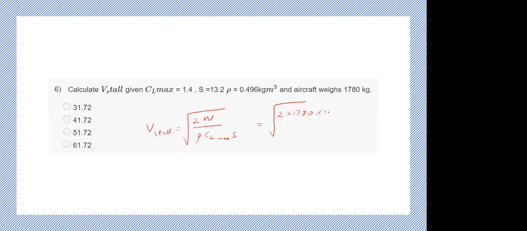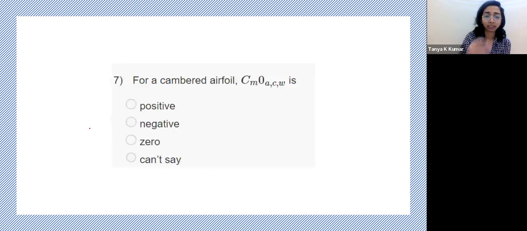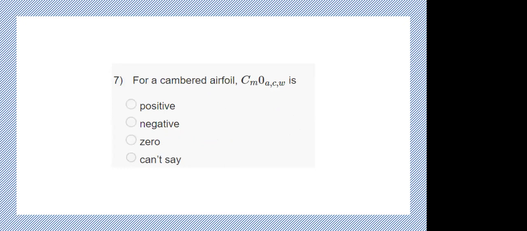Just write this down. It comes to 61.72 meters per second.